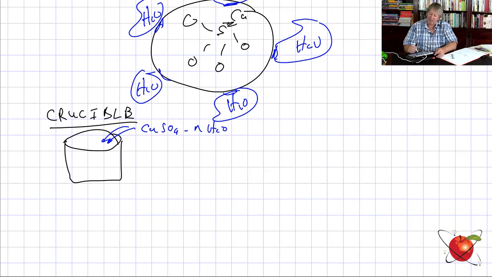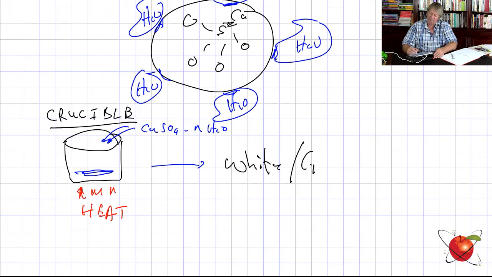Then we come along and we heat it from the bottom. We apply heat. We notice that the blue powder lying there turns white.